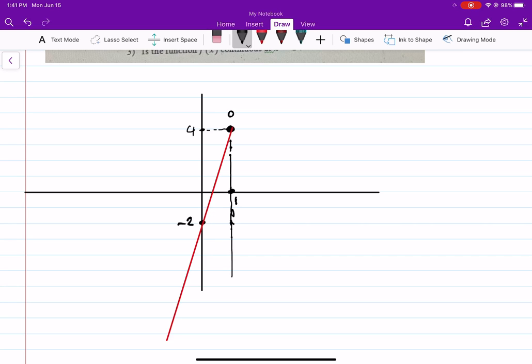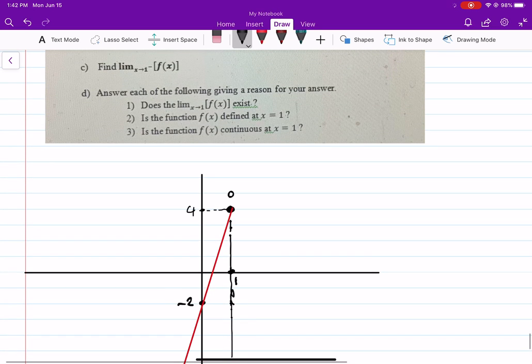Open circle. And let me pick any value greater than 1, let's say x equal to 2. 2 times 2 is 4 and 3 is 7. So when x is 2, y is 7. So somewhere up here. So that other half does this.